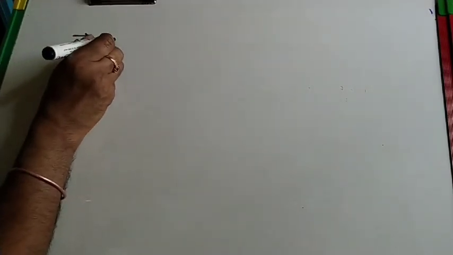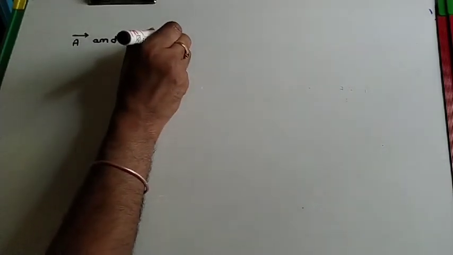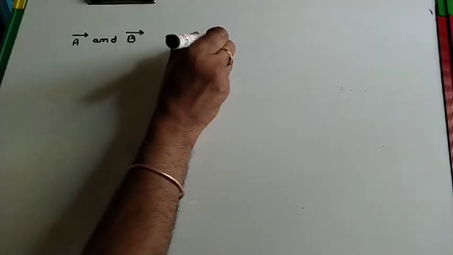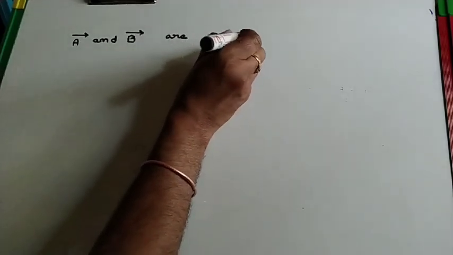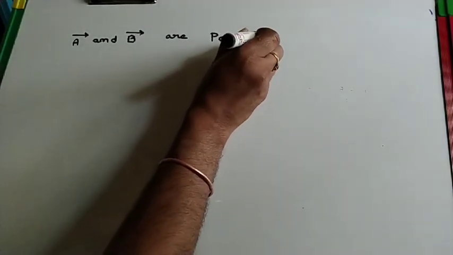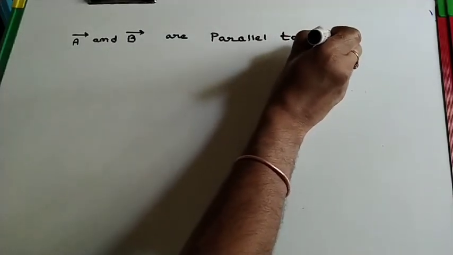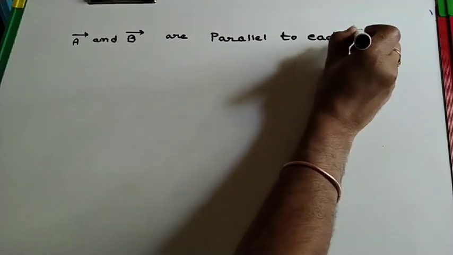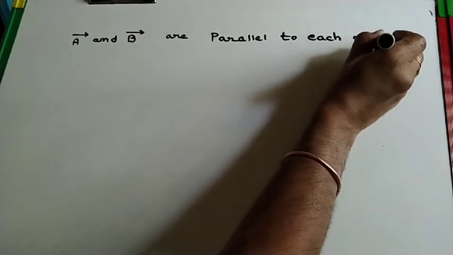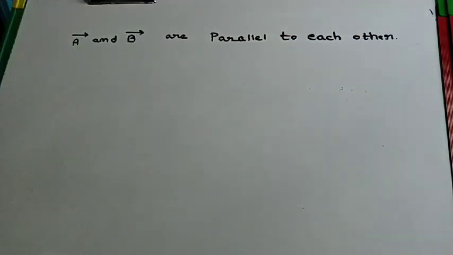Therefore, A vector and B vector are parallel to each other.